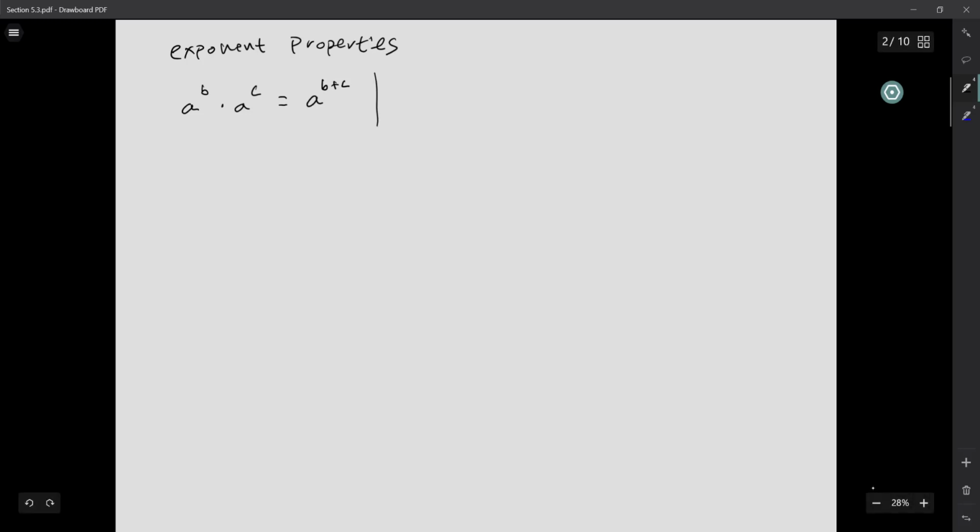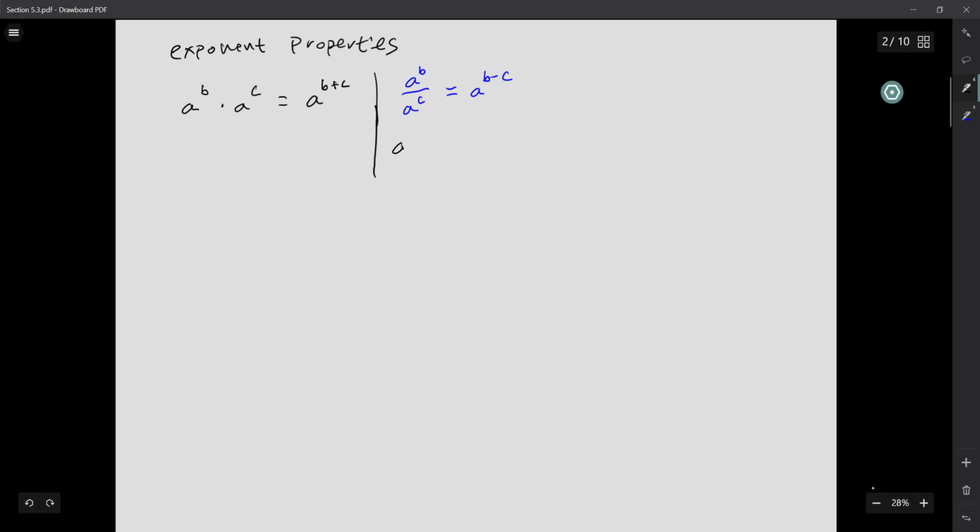Now what's often kind of skipped over is, since division is the opposite of multiplication, we use the opposite of addition. So if I have a to the power of b divided by a to the power of c, this is division among a common exponent. This will be a to the b minus c. And this can also be illustrated by using other facts.